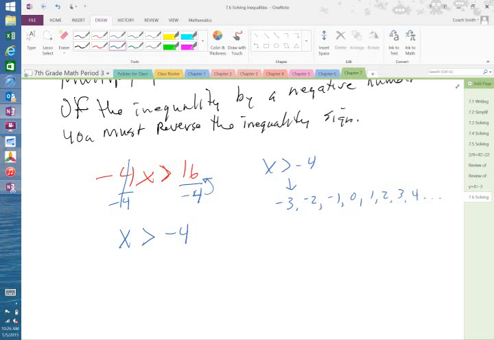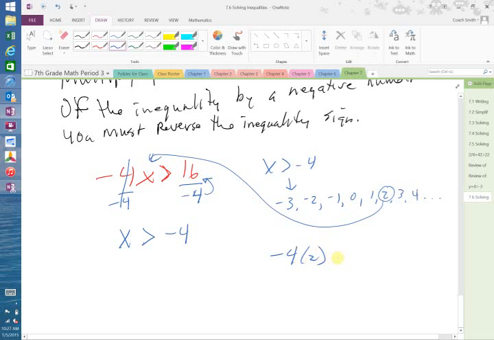All right, now let's plug one of those numbers in. We can pick any of those numbers. Let's pick 2. I'm going to take this and plug it back into my original inequality. So that means negative 4 times 2 is greater than 16.